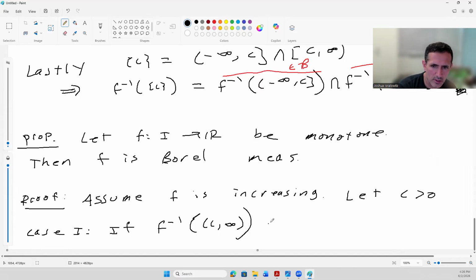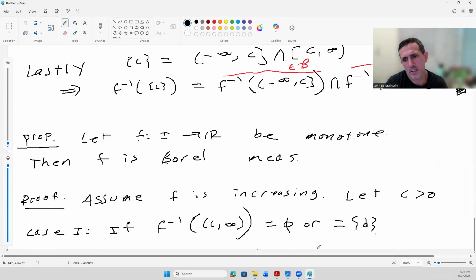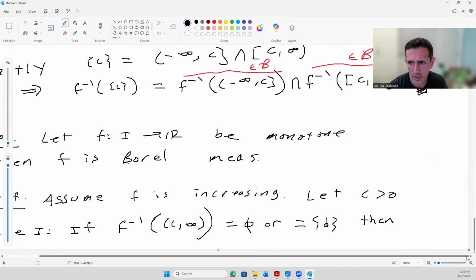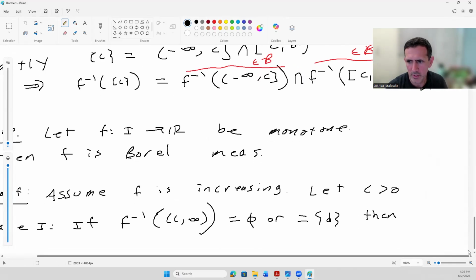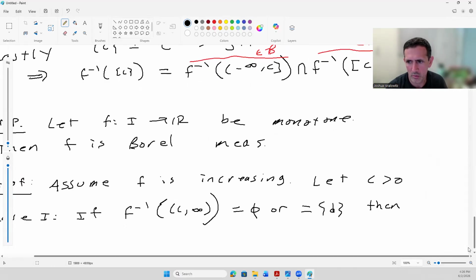So this is empty, or let's say it's either empty or a singleton. That is Borel, right? Both the empty set and singletons are Borel measurable.